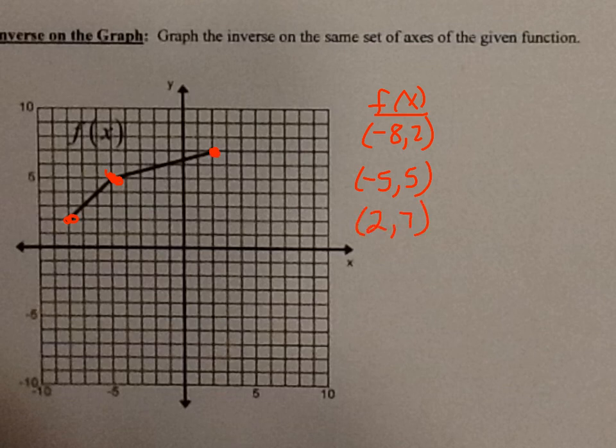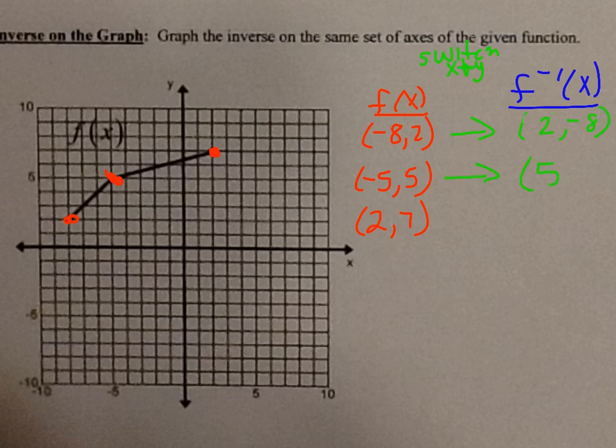So now I want the inverse. Notice how I'm writing this, the inverse of f of x. Now remember, inverse, switch x and y. So then this becomes 2, negative 8.